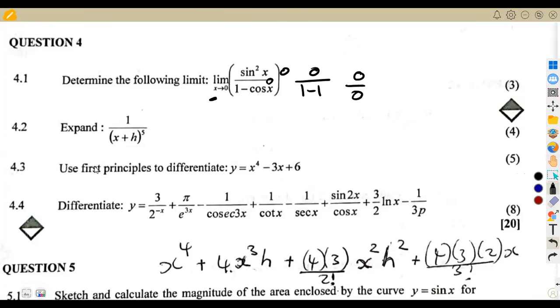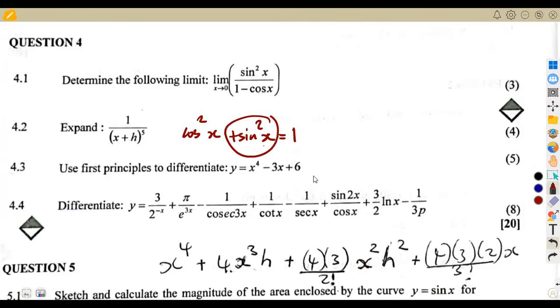So what are you going to do? It's either you're going to factorize, but these ones cannot be factorized. But if you check here, there's something that is hidden in this sine squared here. What is it that is hidden? We know that the cos squared of x plus the sine squared of x gives us a 1.